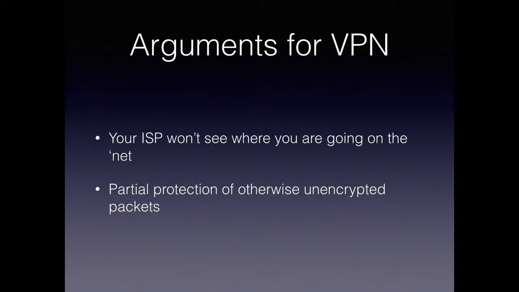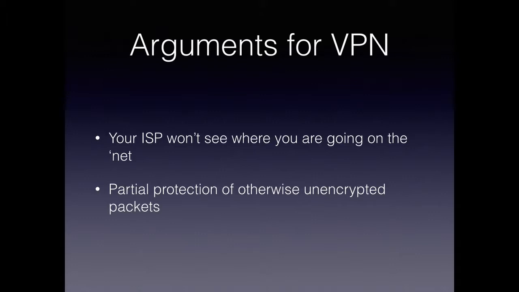So some of the arguments for VPNs are, of course, as we talked about, your ISP won't see where you're going on the net, and you get partial protection of otherwise unencrypted packets. If you're just going to the Apple site, which is not encrypted normally until you get to the store portion, everything would be encrypted up to the VPN supplier, whoever that vendor is.